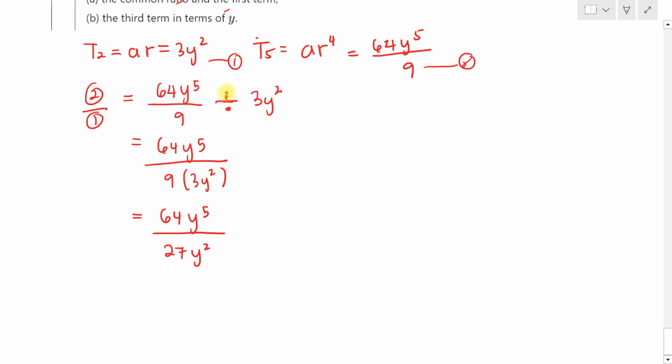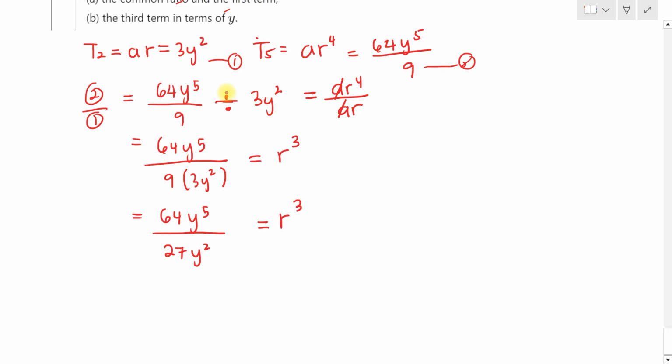Okay, and then what does it become? This is equal to ar to the power 4 divided by ar. So this cuts, and you get r cube.